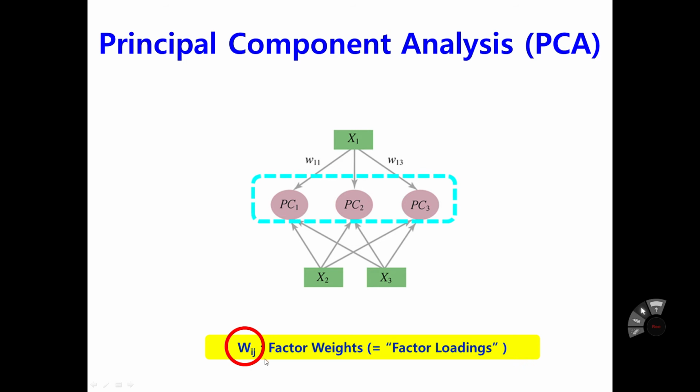And Wij represents the factor weight, sometimes called factor loadings, representing the relationship or association among multiple observed variables and selected or extracted unobserved principal components.